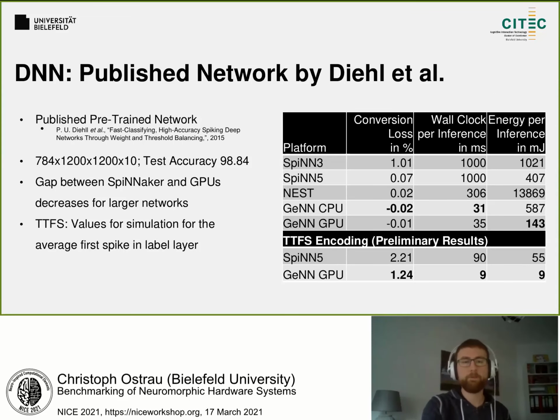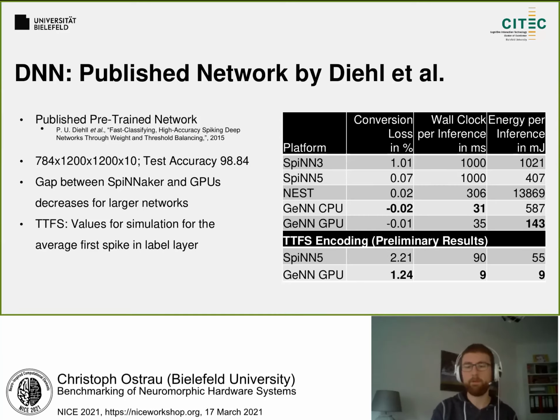Going to larger networks, we took a pre-trained network that was openly available on GitHub, and this is not suited to be put onto Spikey anymore. We see that the larger SpiNNaker system, now with 100% utilization, can reach the accuracy of a CPU simulation and even overcome its energy per inference.